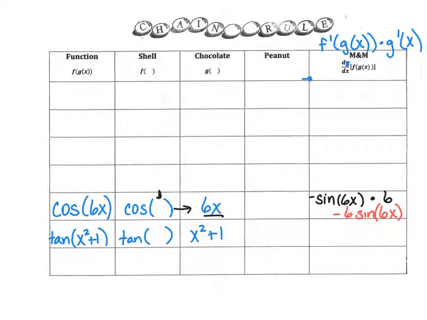So the derivative of tangent of something is secant squared of that something times the derivative of x squared plus 1, which is 2x. Arguments don't change. And really, there's not a whole lot to do to make that answer prettier. I just, like I said, I like putting the 2x in front. And that would be my derivative.